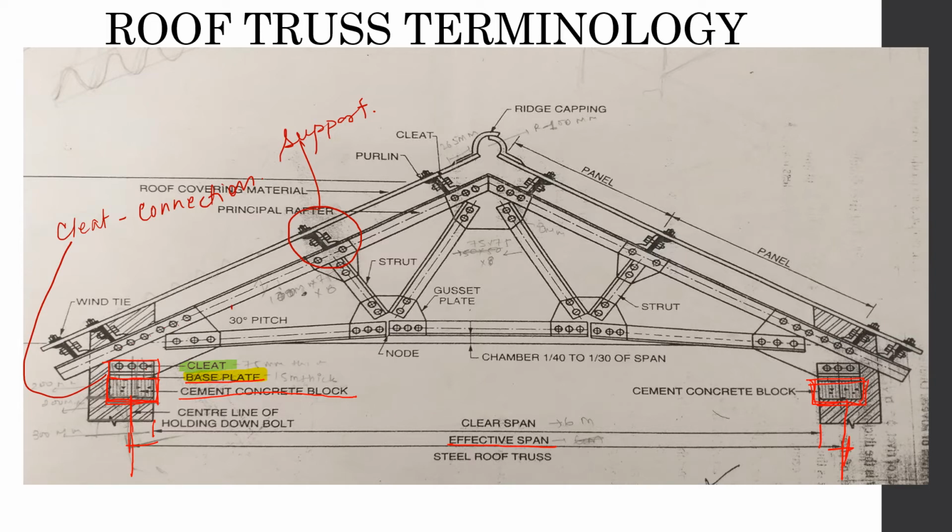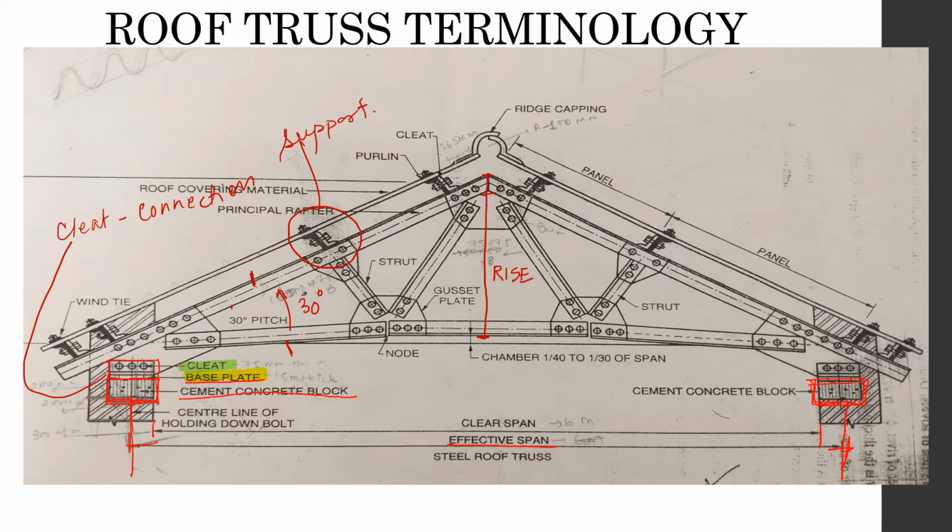Now comes the pitch. Now here it's written that the pitch is 30 degrees, so that is the angle between the main tie beam and the principal rafter. So this angle is 30 degrees, and that is the pitch of the truss. Now the apex of the truss and this distance, this is the rise of the truss.